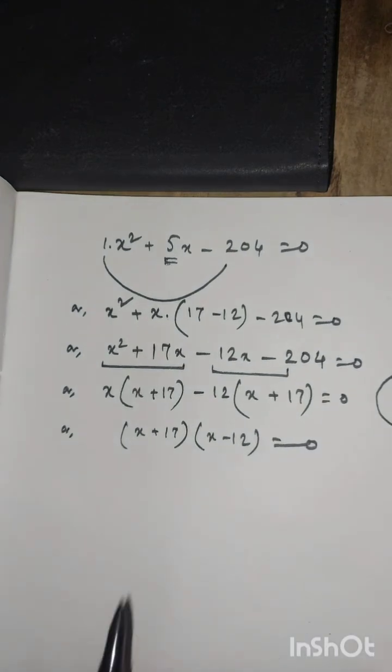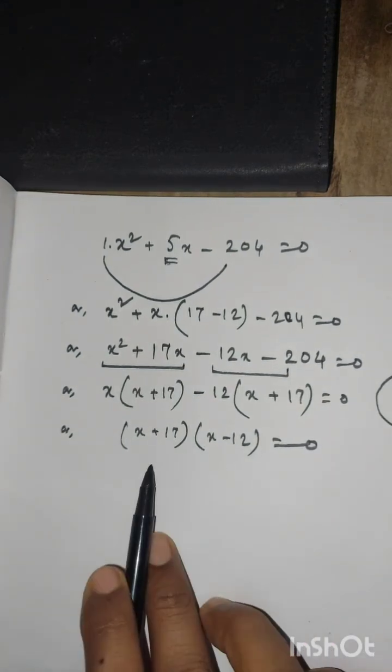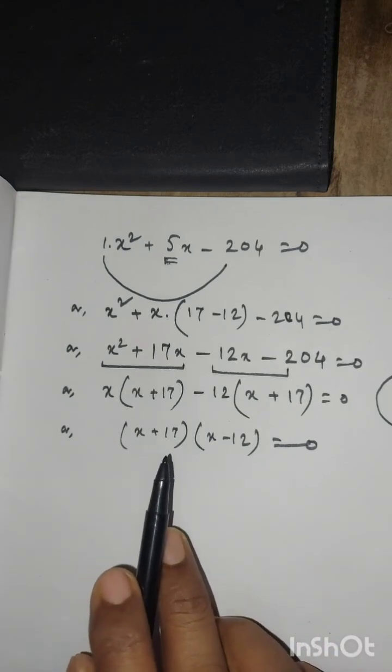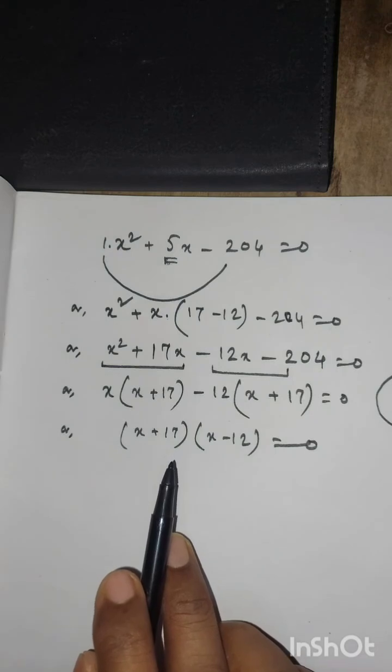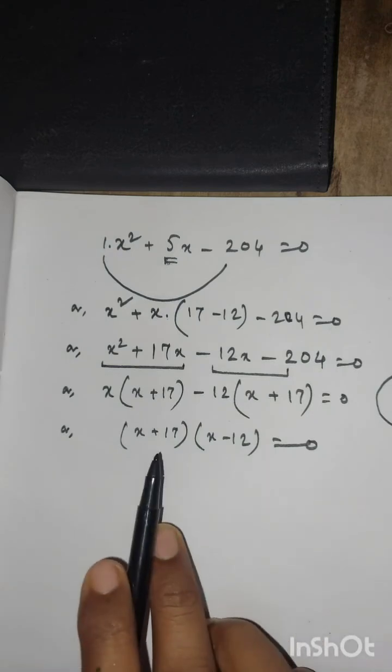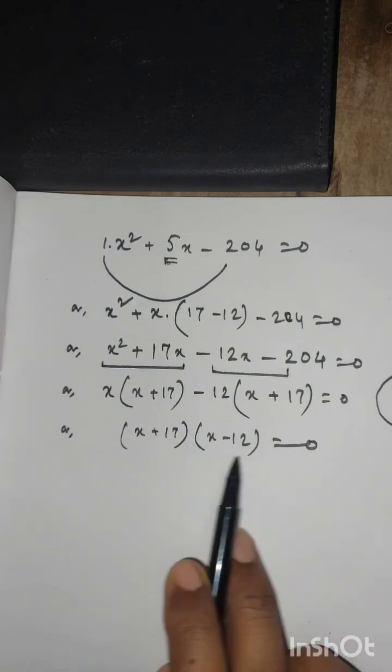Now the product of two quantities can be 0 only when at least one of them is 0. So either this is 0 or this is 0.